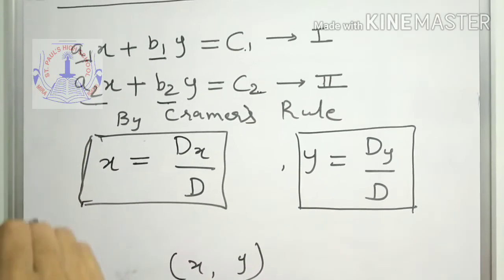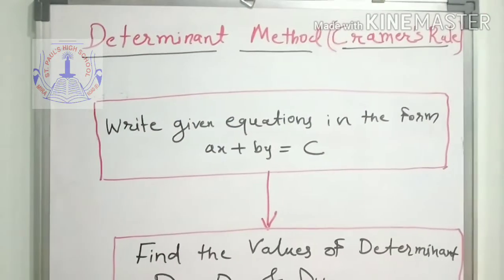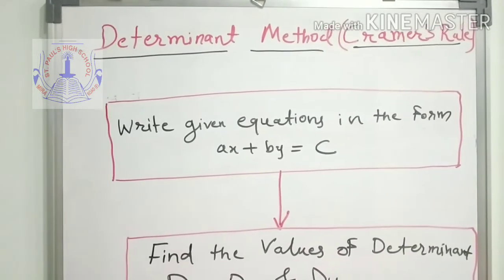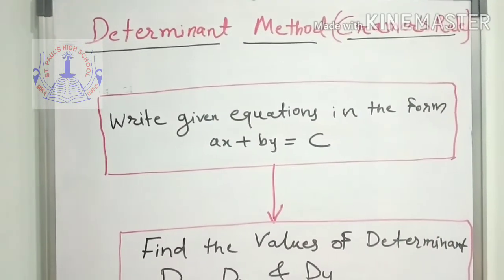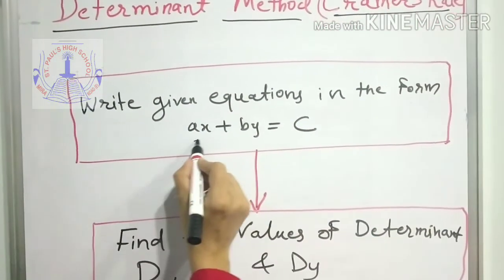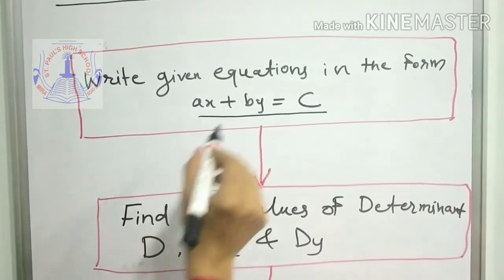Let's write the steps here one by one. Let's revise all the steps. First of all, we need to write the given equations in the form ax plus by equal to c. Both equations should be in this form.